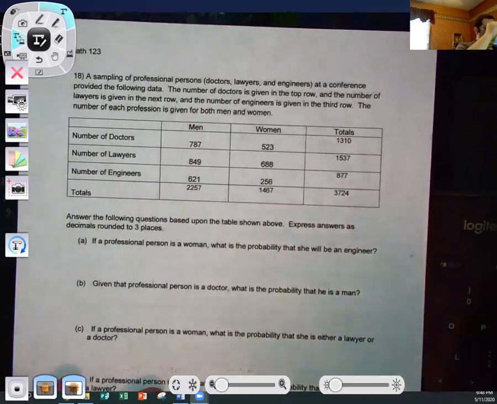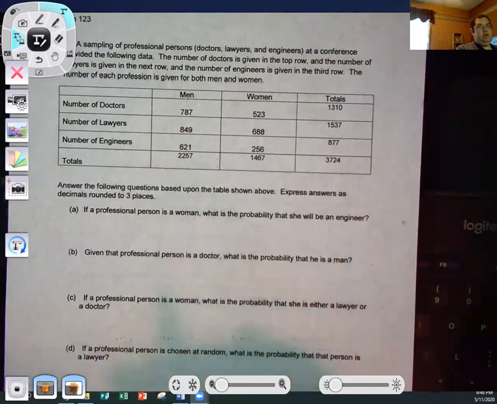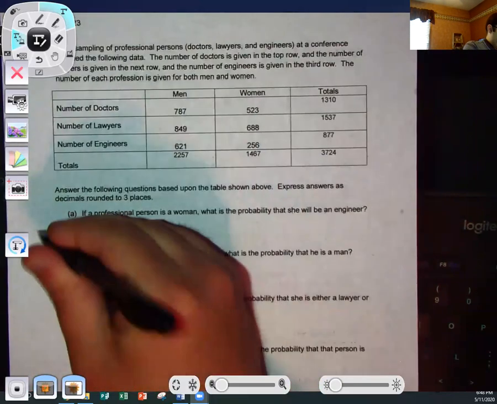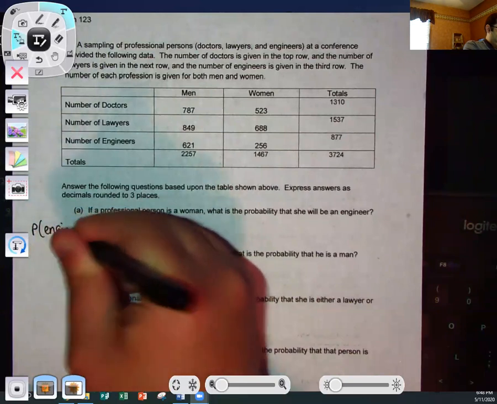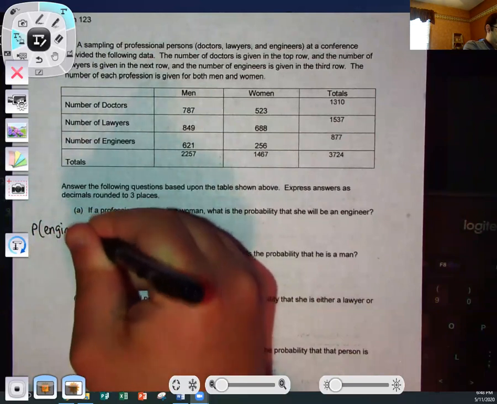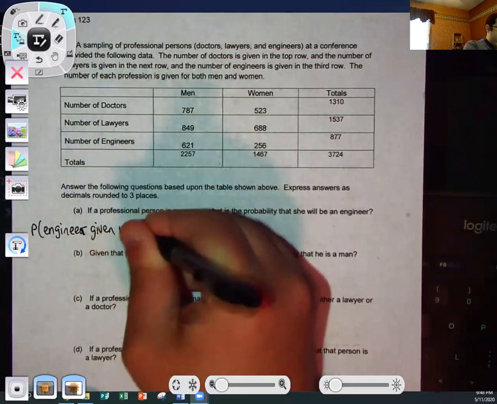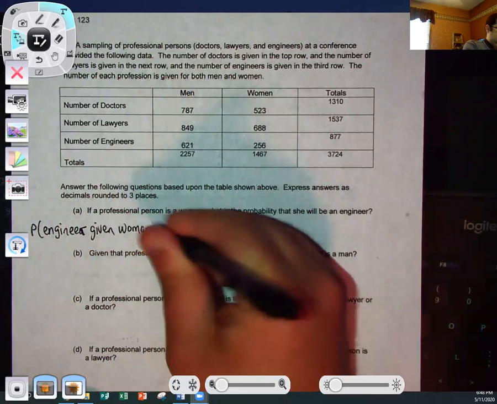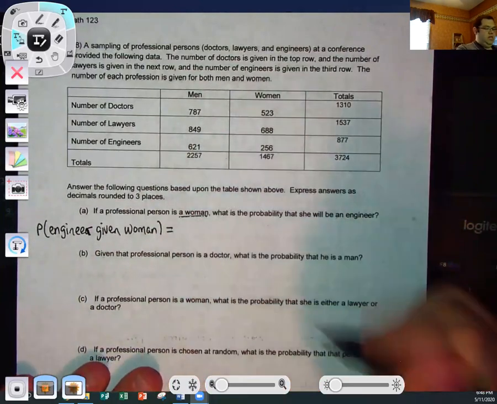If a professional person is a woman, what is the probability that she will be an engineer? So we want to calculate the probability of selecting an engineer given that this engineer is a woman. So this is our set condition.